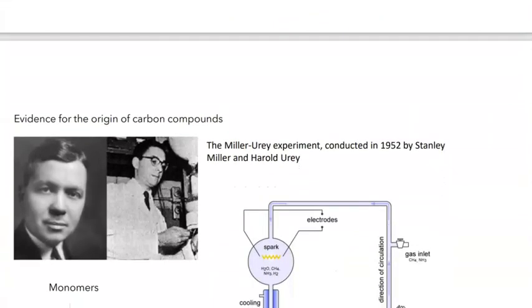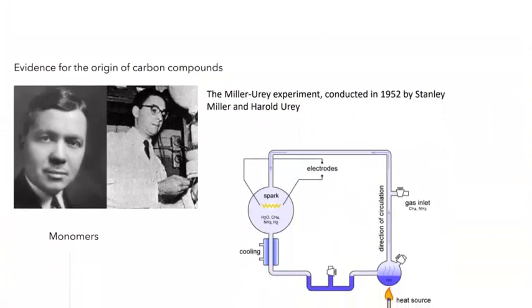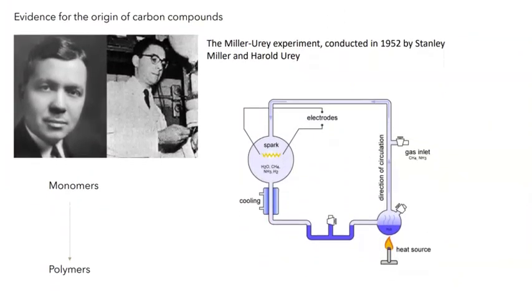Experimental work carried out in the 1950s by Miller and Urey attempted to reconstruct the Hadean atmosphere in the laboratory within their glassware, in which they placed water, methane, ammonia, and hydrogen.